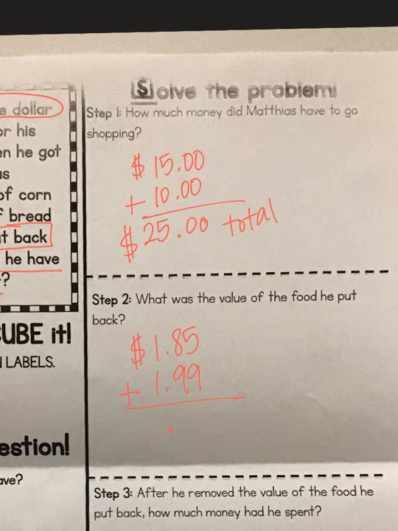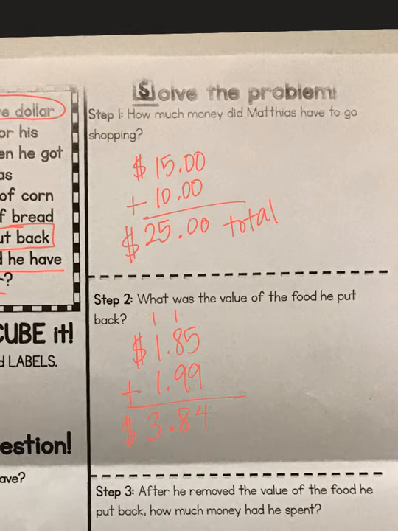There's nothing to fill in. 9 plus 5, 14, carry your 1. 8 plus 9, 17 plus 1 is 18, carry your 1. That's 3. So he put back $3.84. Guys, y'all can catch up on the writing part of it in just a minute, okay? I'm going to keep moving since I'm recording this for our online friends. So y'all don't worry about filling this in right now.